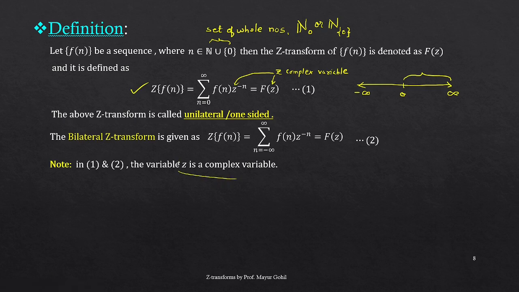Now let us go further: this Z, which is outside, the capital Z, is the Z transform operator. Some books use a cursive Z, or some places you will see a fancy Z. You just have to be very clear while writing. If you are writing a cursive Z or a different kind of Z, be very careful.